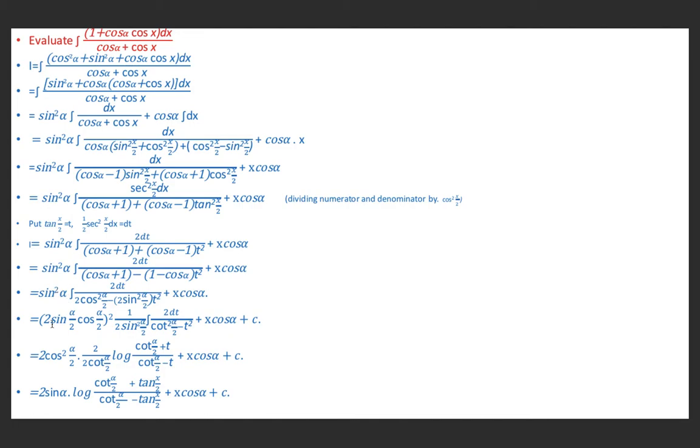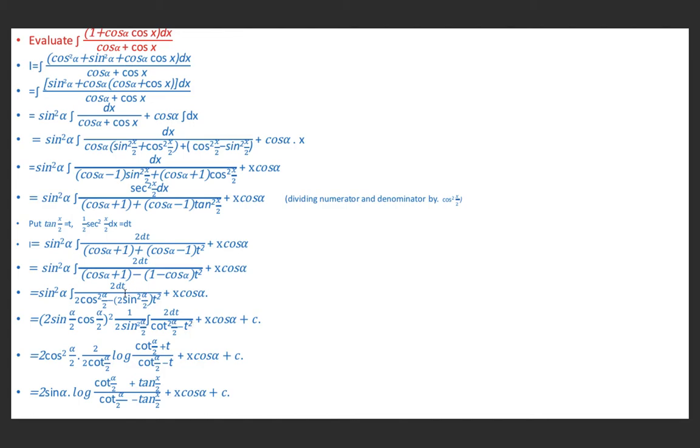So sin alpha is 2 sin alpha by 2 cos alpha by 2, and because we have square here, so this square, and here take 2 sin alpha by 2 common. 2 and 2 will cancel out, and cos square alpha by 2 upon sin square alpha by 2 is cotangent square alpha by 2, and here you will be left only with t square.